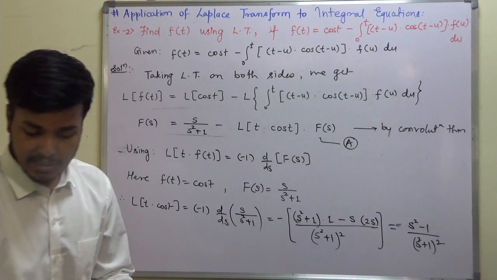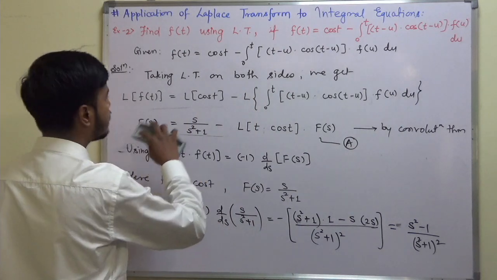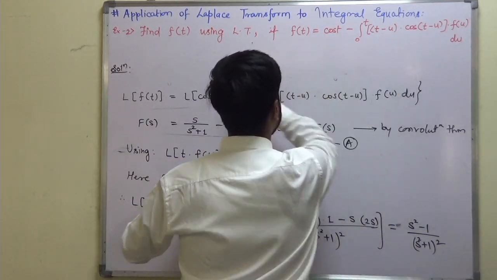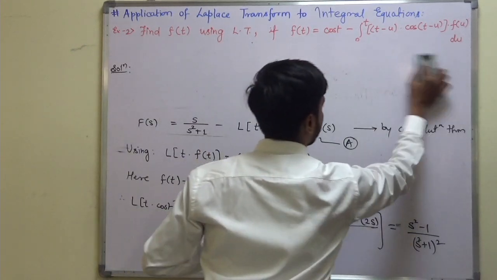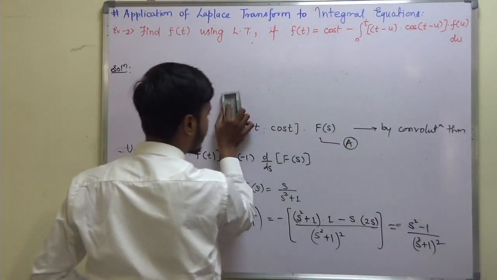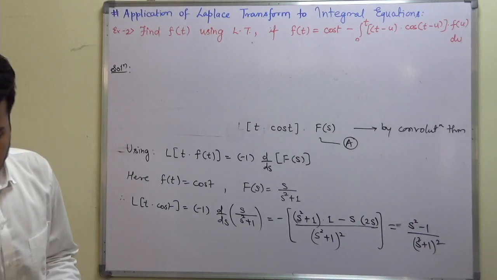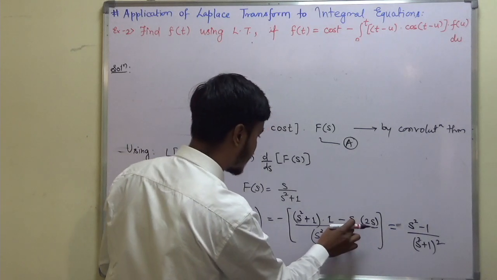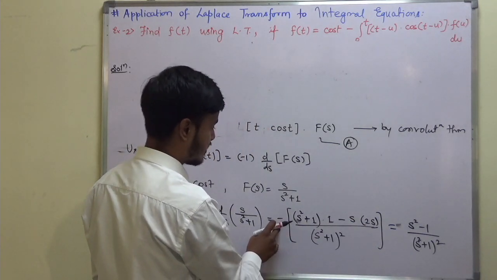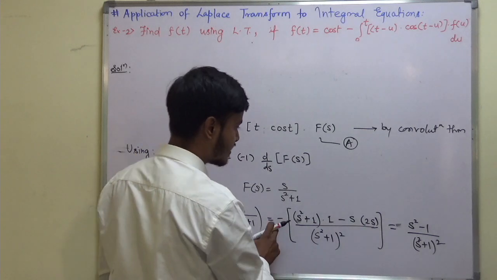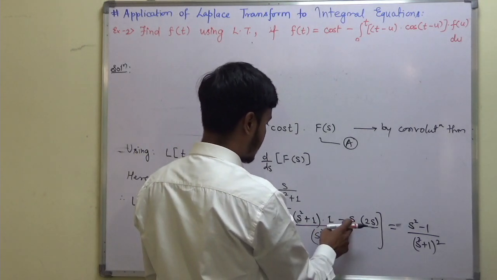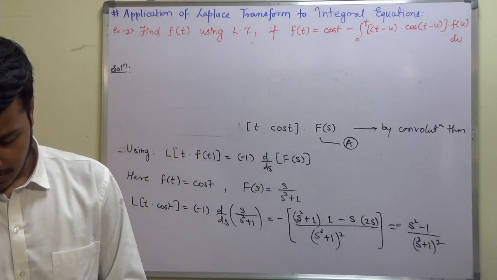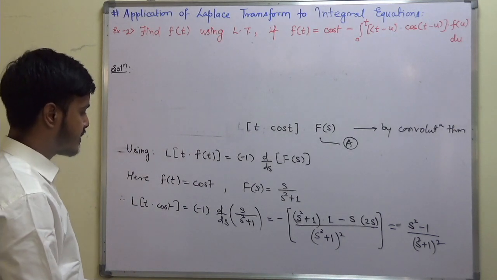Now say this is equation A. Now I will substitute these values in equation 1. So in equation 1 I will substitute, minus and minus, this would be minus 2s square plus s square minus s square minus 1, so this is s square minus 1.